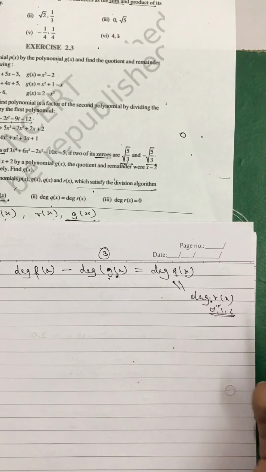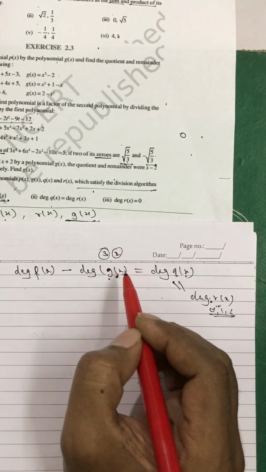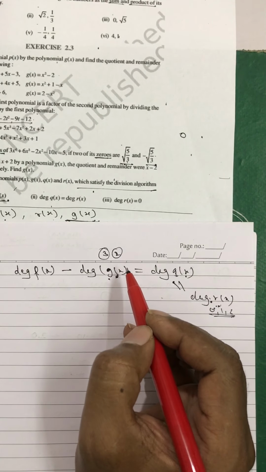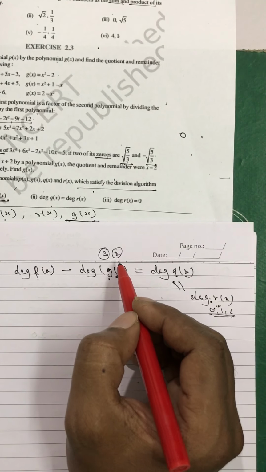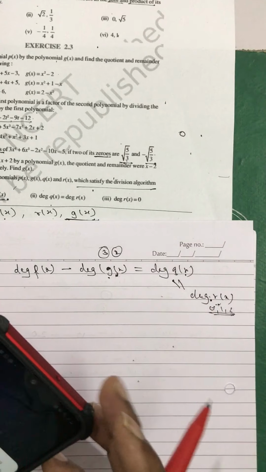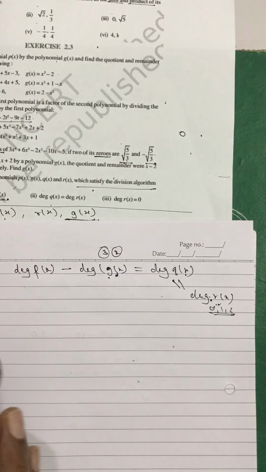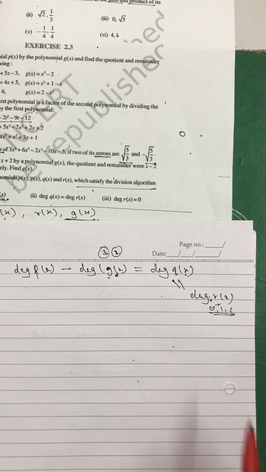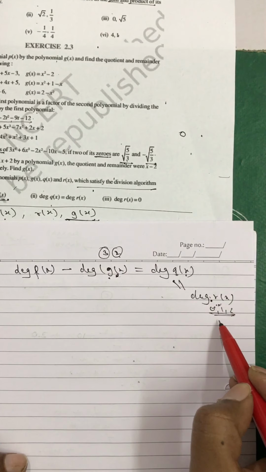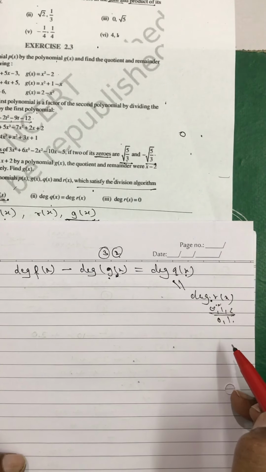And if you have degree of this as 2, then this can have degree 0 and 1.